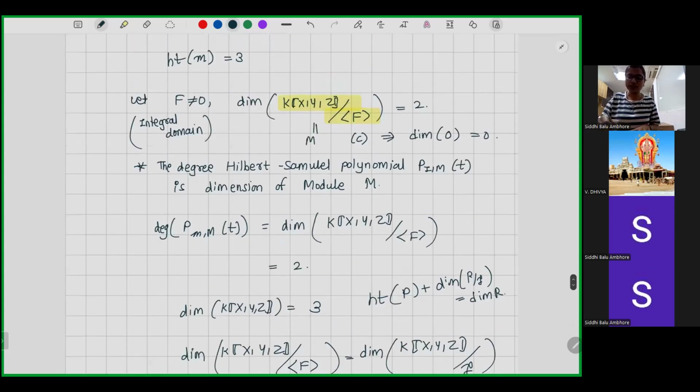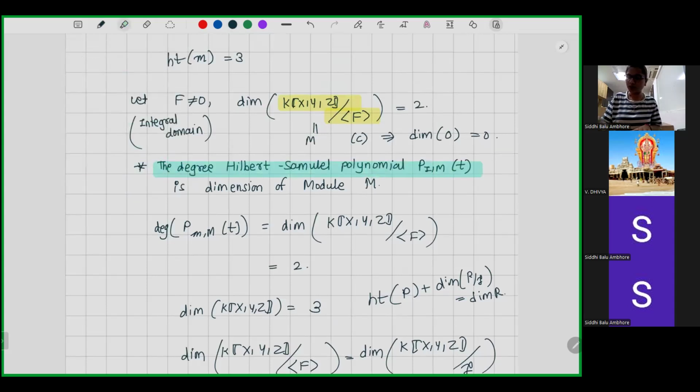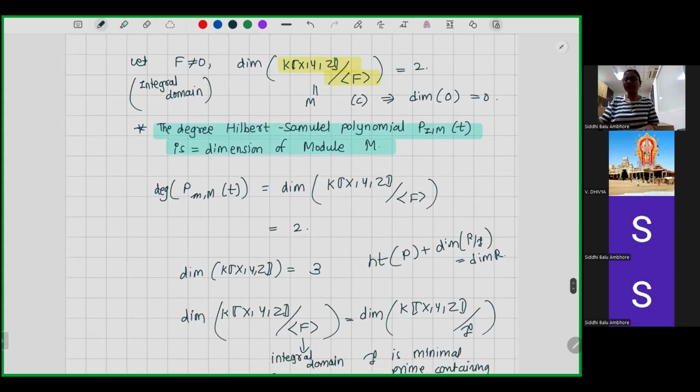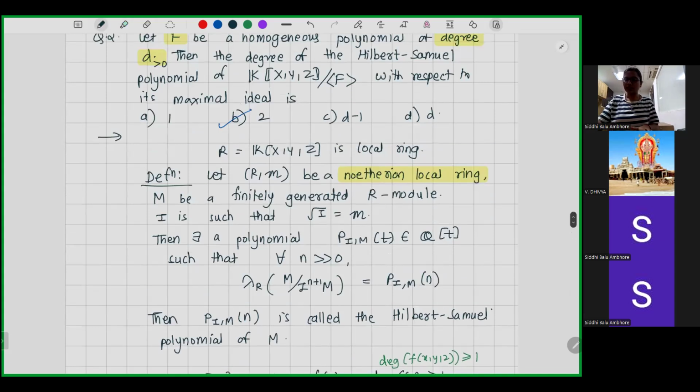And we use this, let me just highlight it with some other color, that the degree of the Hilbert-Samuel polynomial is equal to the dimension of the module M. And since my module M was this, its dimension is 2. The question was asked about the degree of the Hilbert-Samuel polynomial.